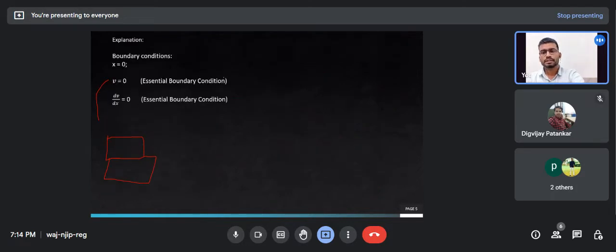And essential boundary conditions will be the ones whose order varies from 0 to p minus 1, and natural boundary conditions from p to 2p minus 1.